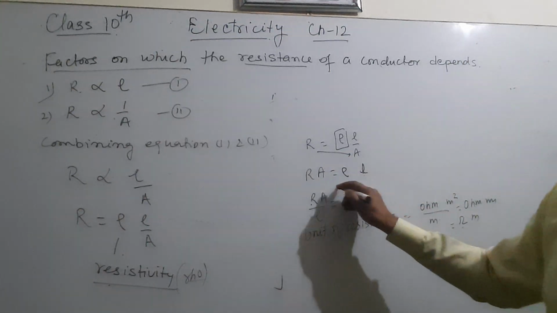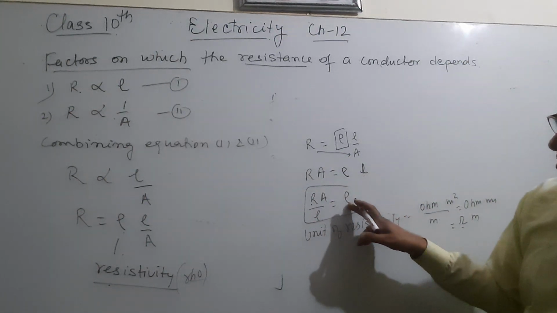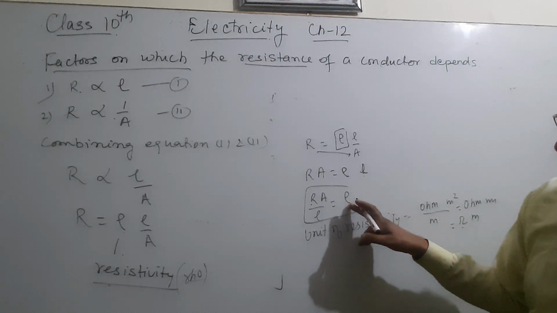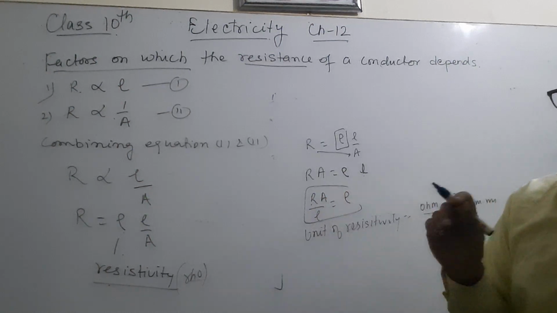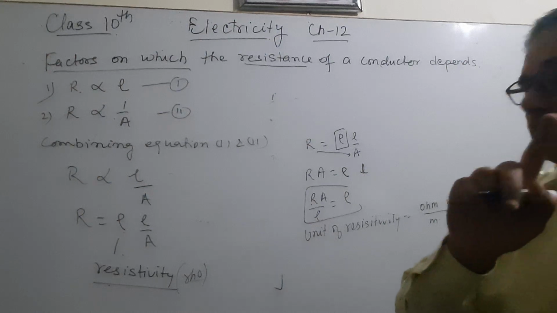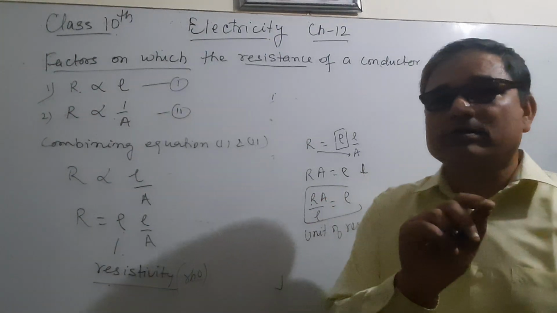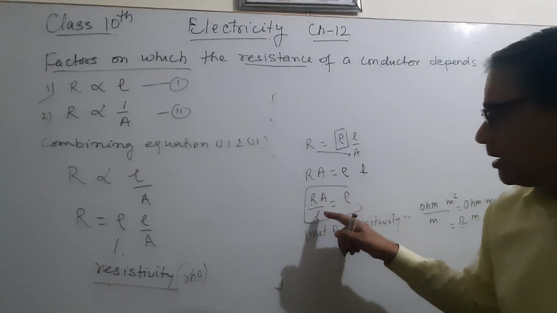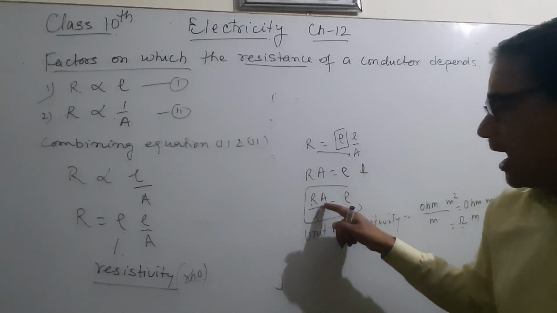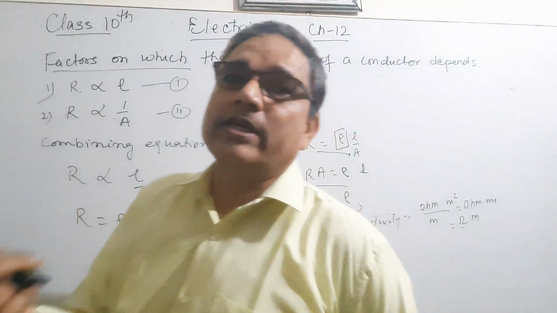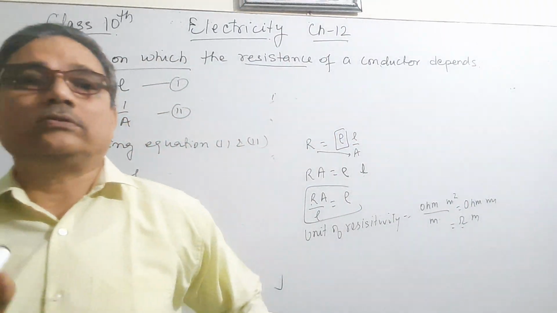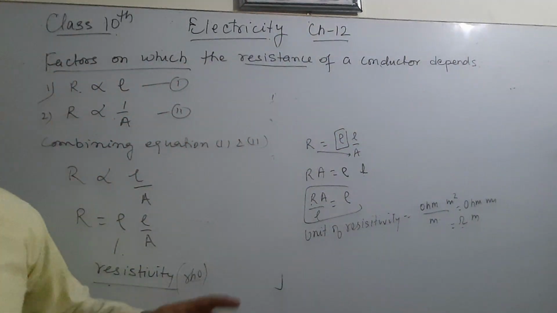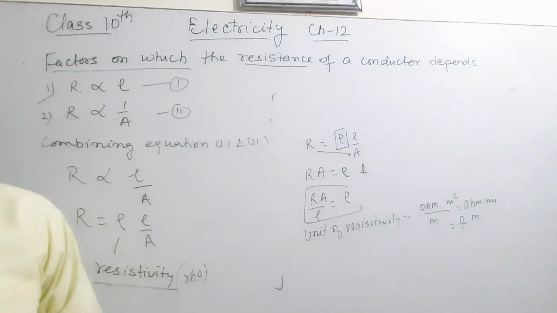What is the resistivity? Resistivity is the property of a material which offers the resistance through a length of 1 unit and having the cross sectional area 1 unit square.